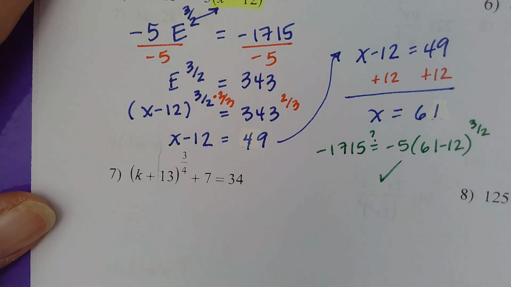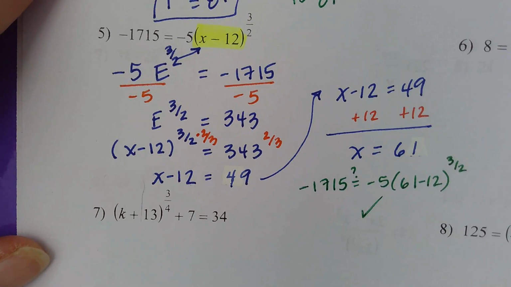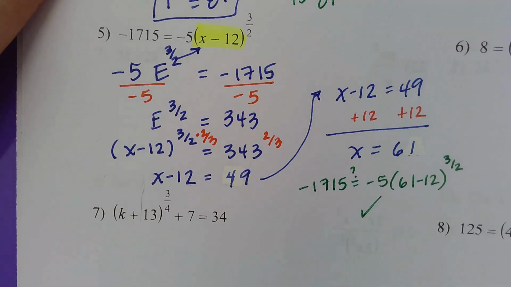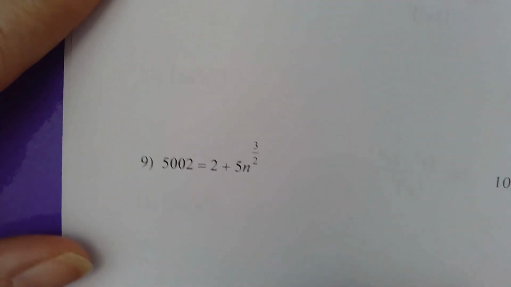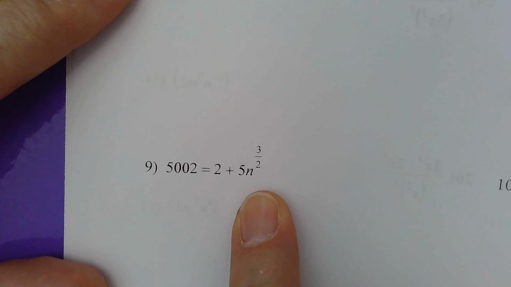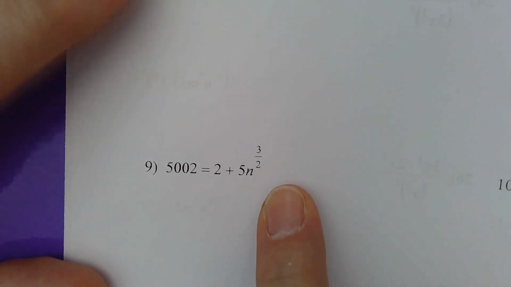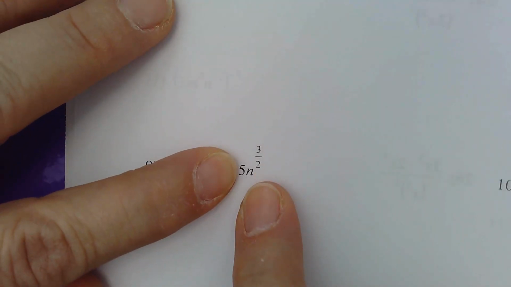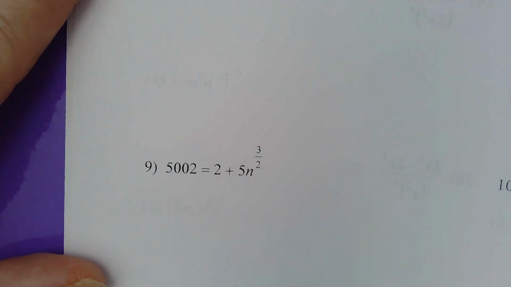Let's look at number 9. Number 9 is different from these. Number 9 has some things grouped together, but I only show the exponent on this n. So be careful with this.